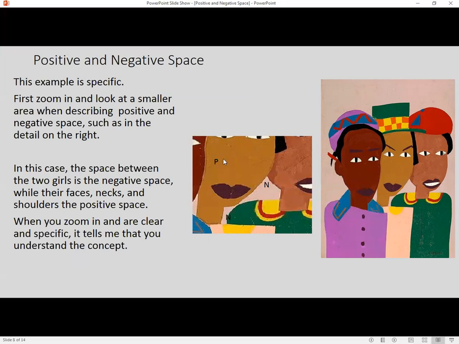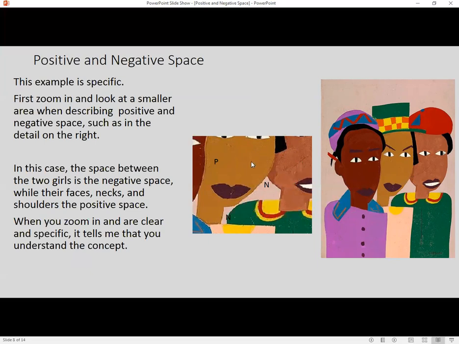So I'm going to talk about the lighter brown girl in the middle and the reddish brown colored skin girl that is to her right.